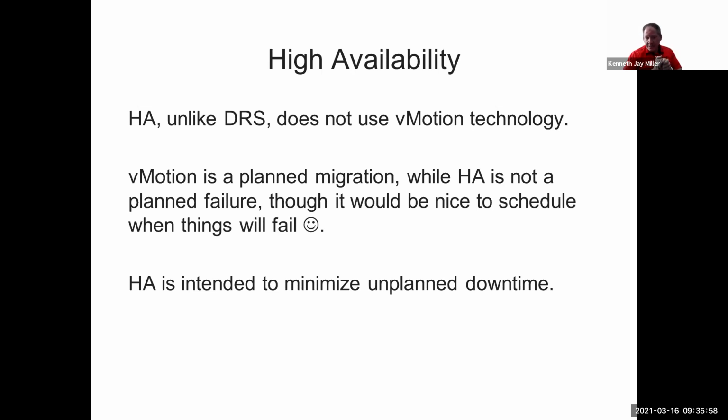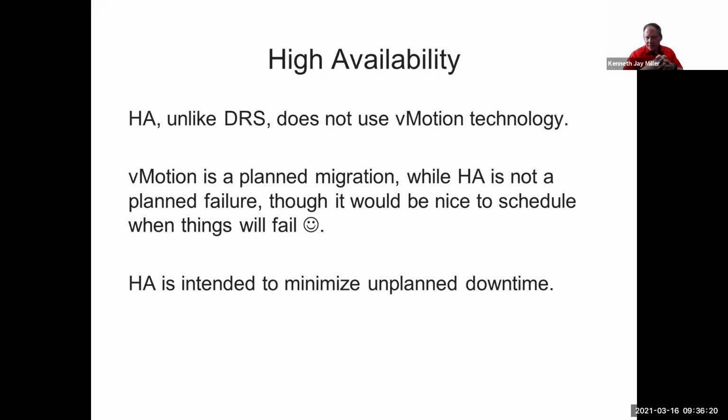Though wouldn't it be nice for you to plan when you have a failure? It'd be nice to say, well, this failure that's supposed to happen tomorrow night is not a good time for me because I have an early morning class the next morning. Let's schedule that unplanned downtime.